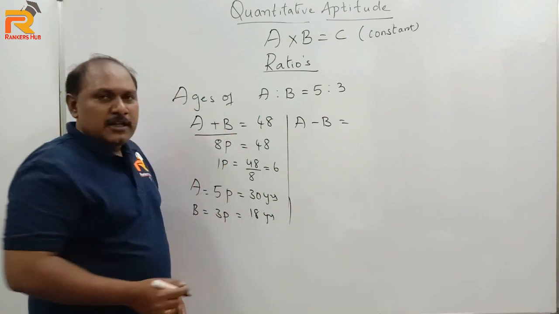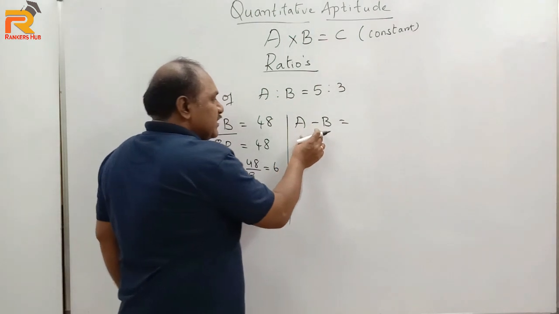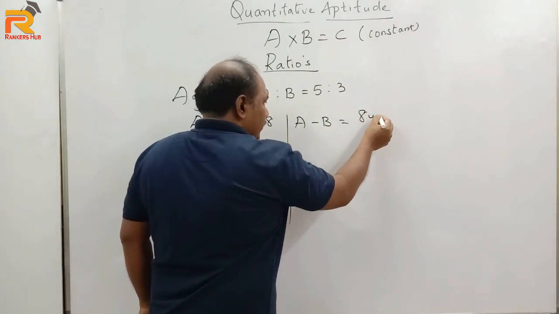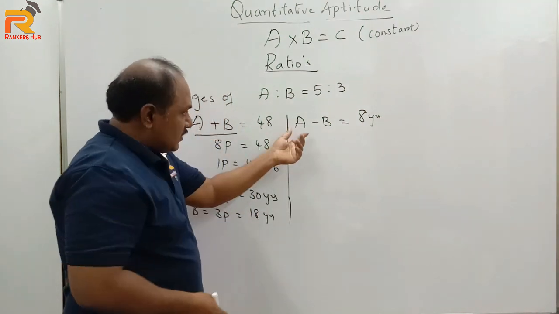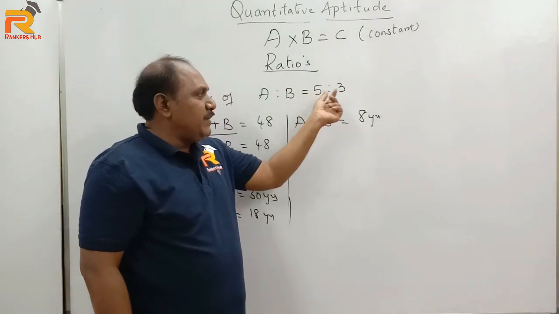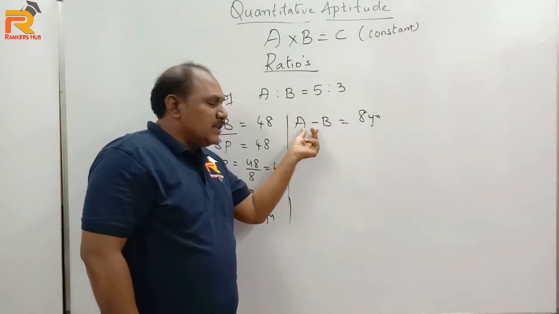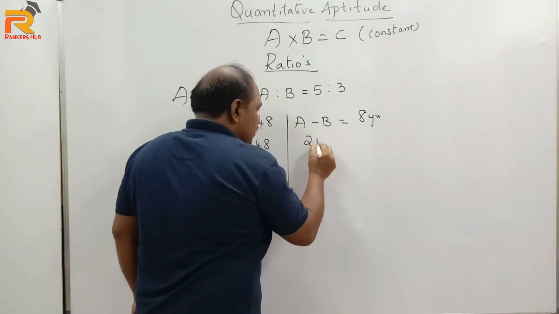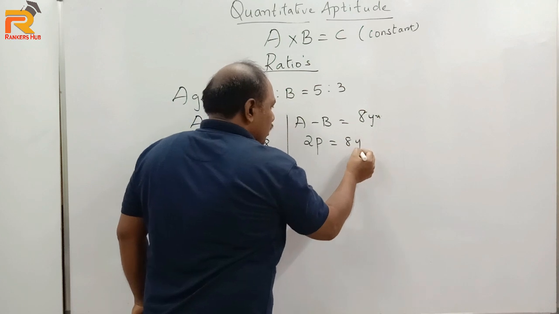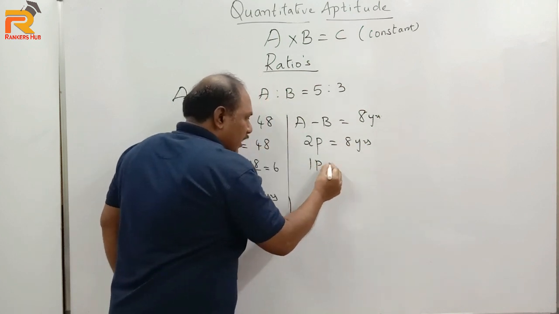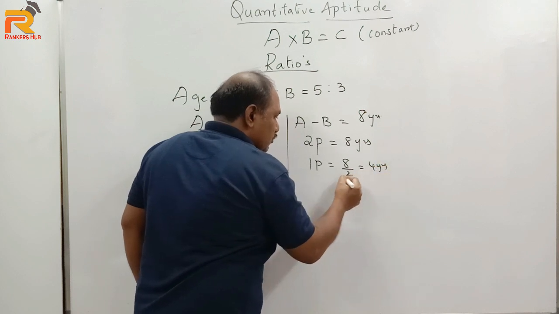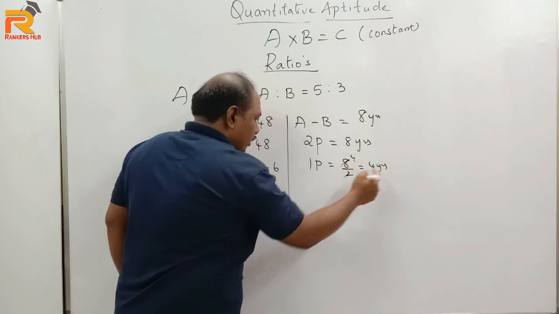Now suppose we are given the difference in their ages. If I say the difference in their ages is 8 years. Here A is 5 parts, B is 3 parts, and here it is the difference, so the difference is 2 parts. This 2 parts should be equal to 8 years, so 1 part is 8 by 2, which is 4 years. 2 fours are 8, so 4 years.